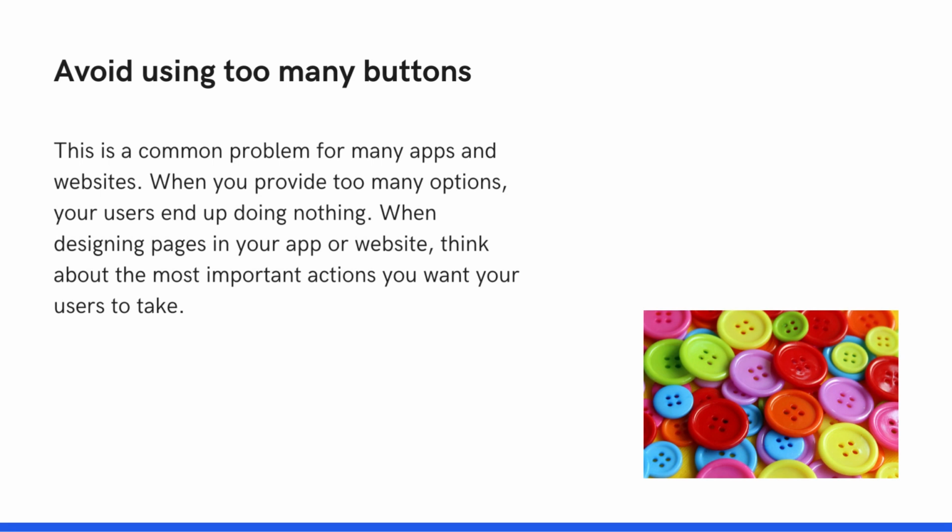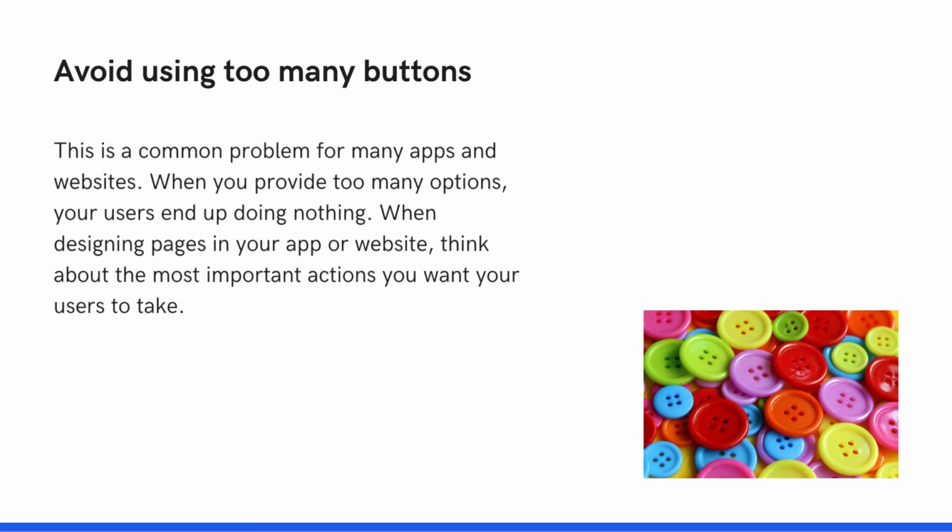And the next thing, avoid using too many buttons. This is a common problem for many apps and websites. When you provide too many options, your users end up doing nothing actually. When designing pages in your app or website, think about the most important action you want your users to take. I personally use only one call to action in one page.